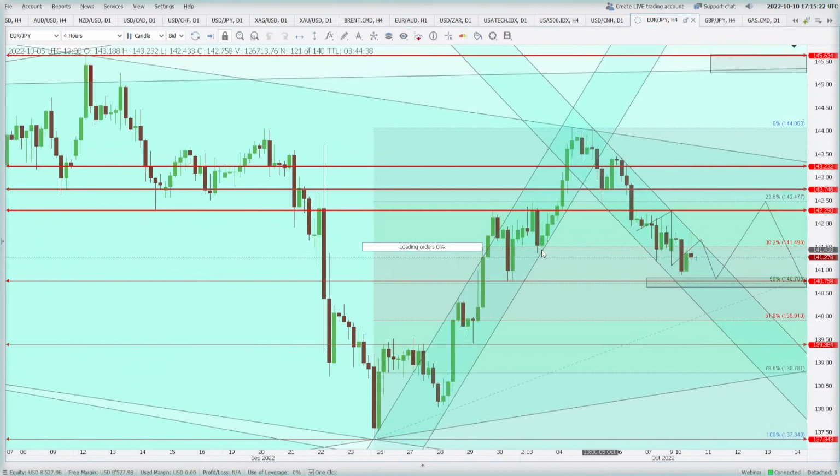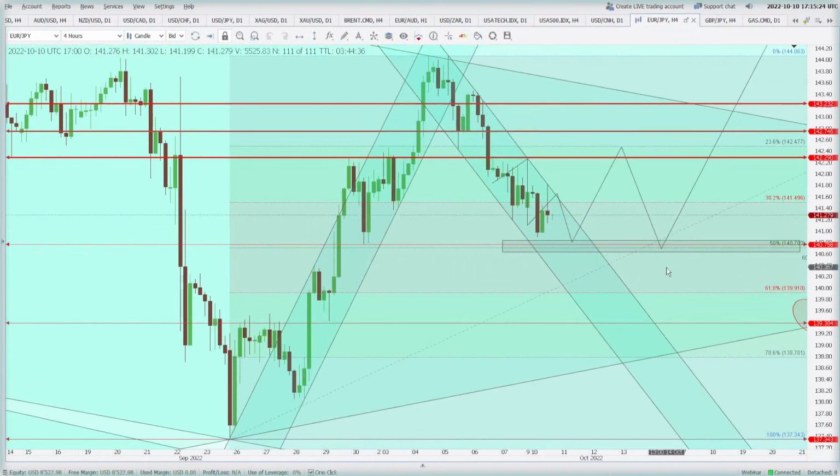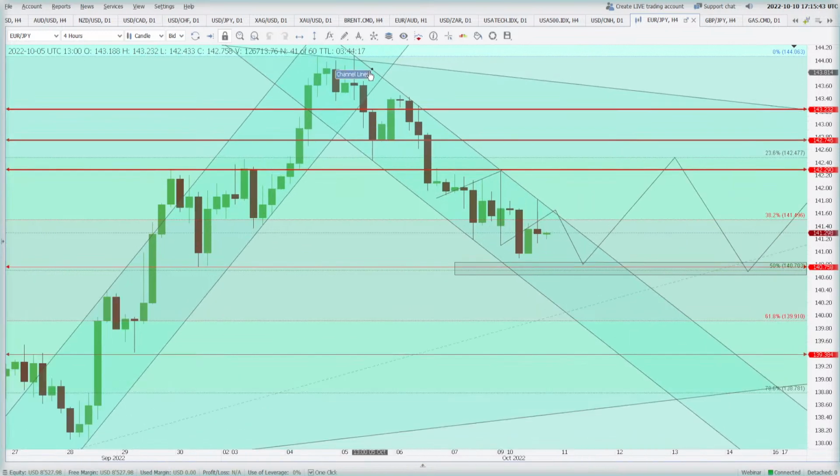So EUR/JPY, euro is also on the sell mode, still traveling in that channel that we had created on the 4-hourly, although we are expecting this area of 140.75 to act as a good support for the euro here against the Japanese yen. If it happens, then we may see 142.29 again, but it has to go through this falling channel's resistance before we become buyers in this one again.